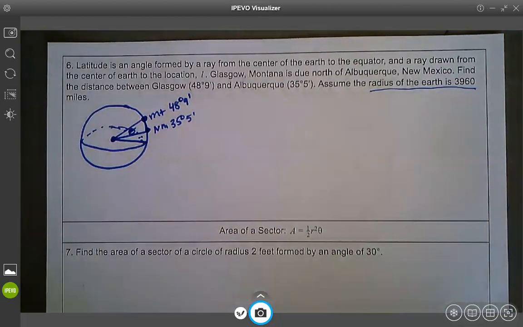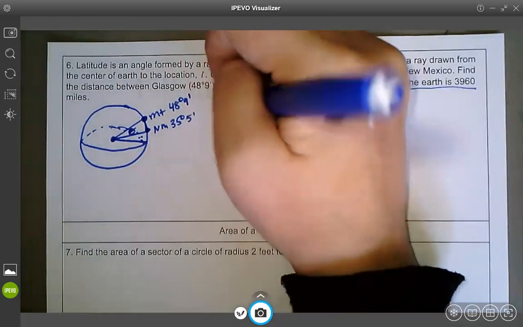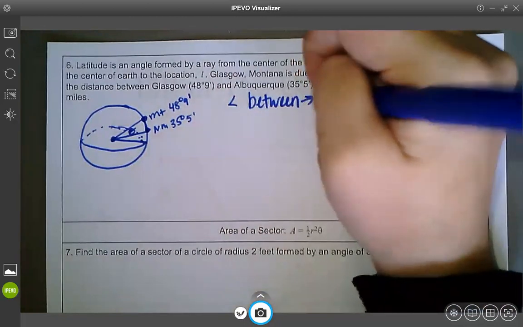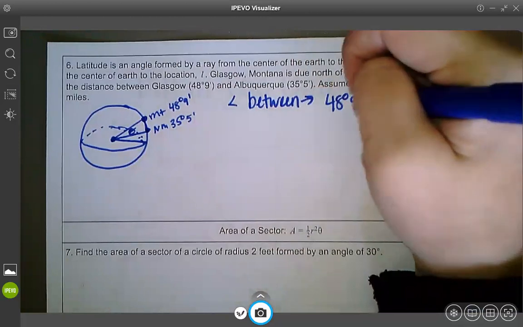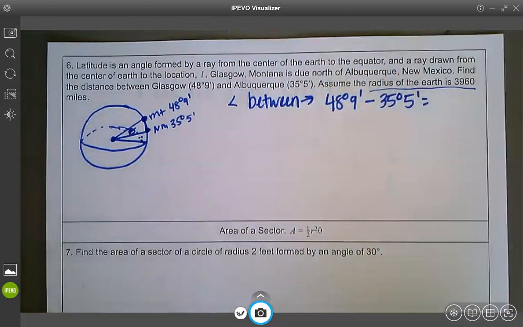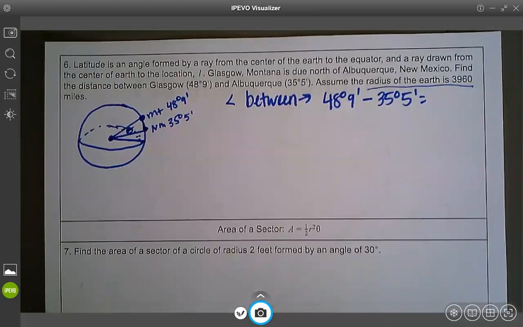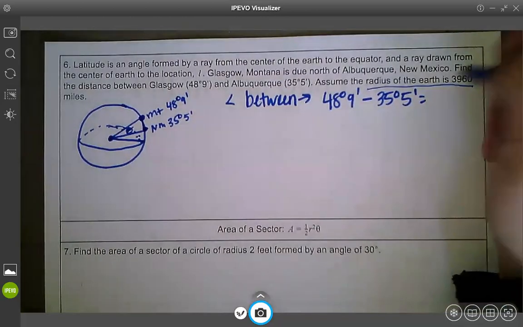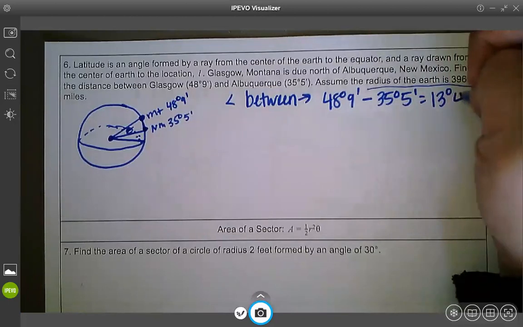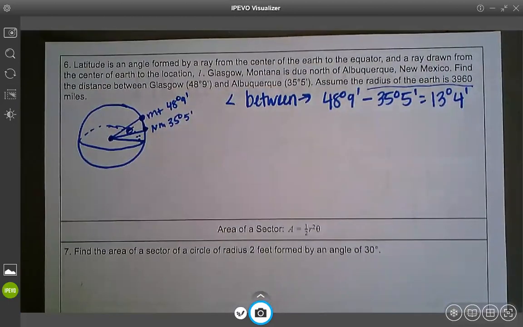So first, to find the angle between, I have my 48 degrees 9 minutes, and I'm subtracting my 35 degrees 5 minutes. 48 minus 35 is 13 degrees. 9 minus 5 is 4. So that is the measure of that angle.